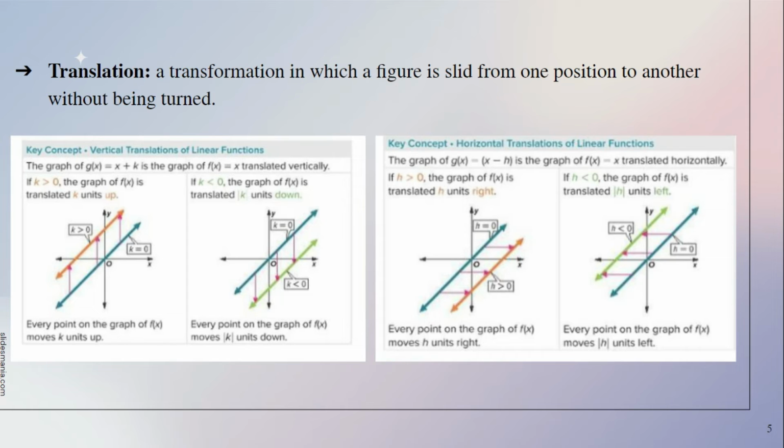When a is a number greater than 1 and it's added to the linear function, as it happens here, the result is going to be a vertical translation. When the constant is less than 0, so negative numbers, the result is a horizontal translation, as we can see in this second table.